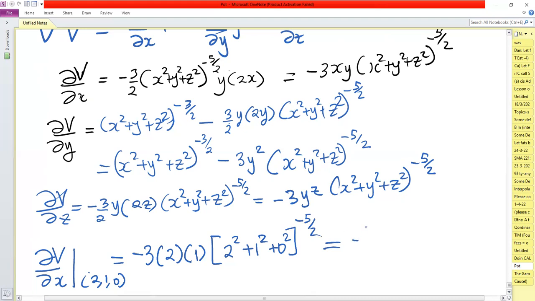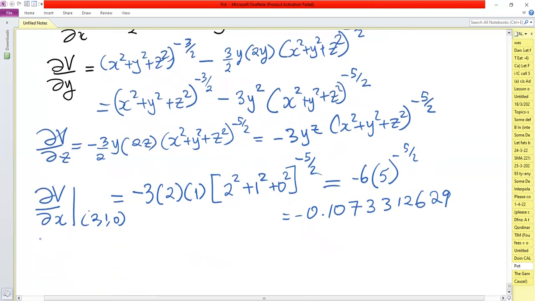So this is minus 6 into 2 squared is 4 plus 1 is 5, raised to minus 5/2. This will give me minus 0.10733.12629.